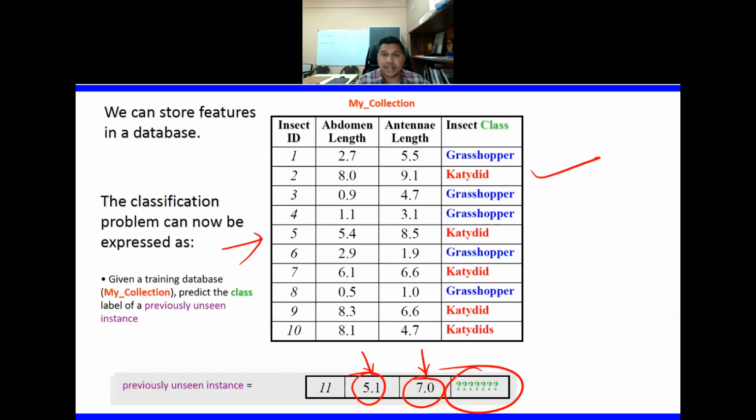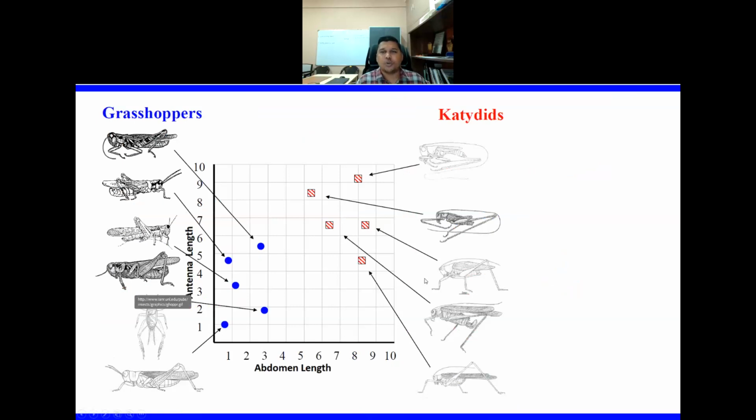Let's see how we use probability concepts here to find out whether this unseen data is a grasshopper or a katydid, type A or type B. So we try to plot the abdomen lengths and antenna lengths. That's why data visualization is a very important step in data science.